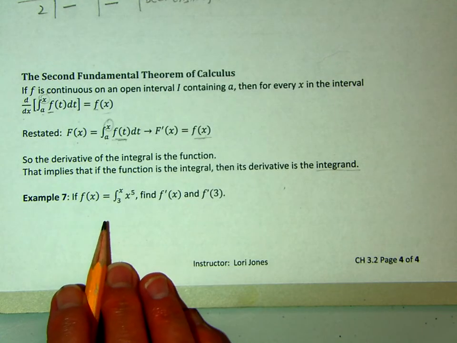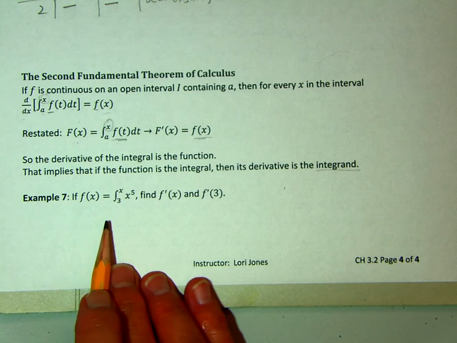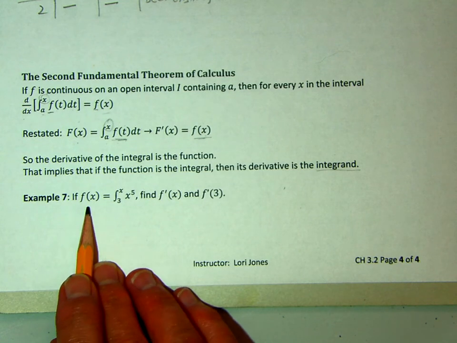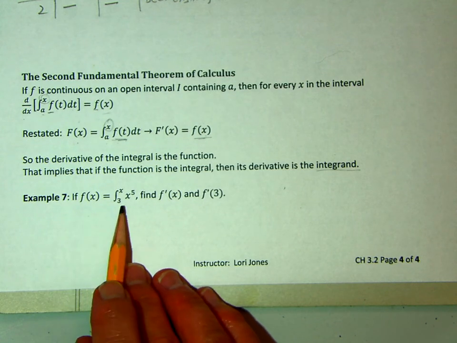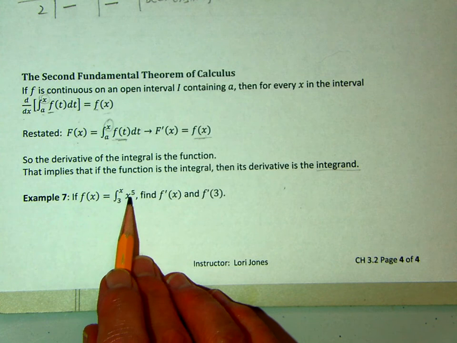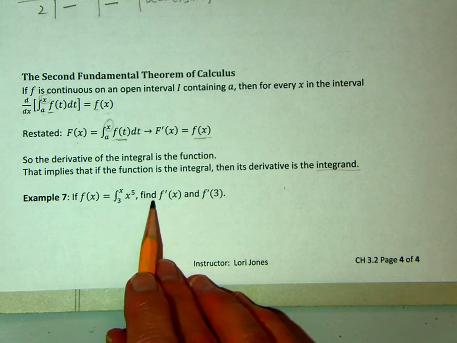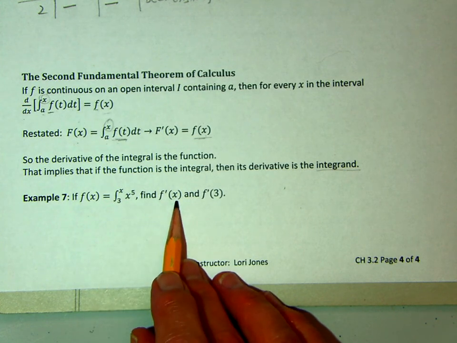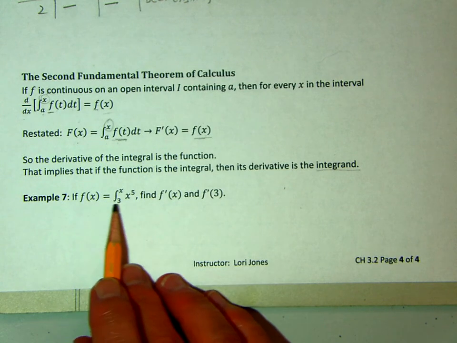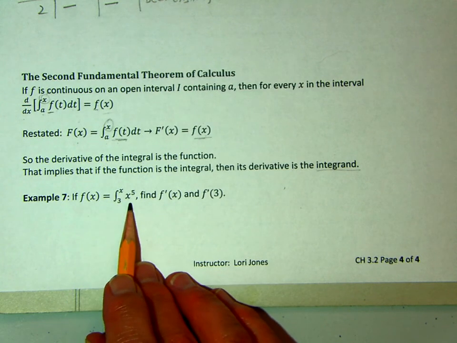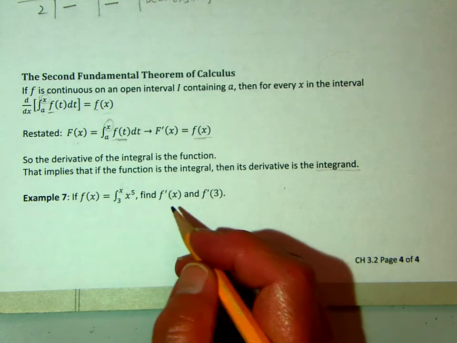So I loved these when I learned how to do this. If the function is the integral from 3 to x of t to the fifth, find f prime of 3. Well, the derivative of the integral, we're just going to change the variable.